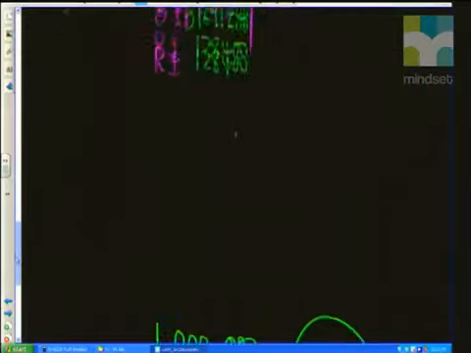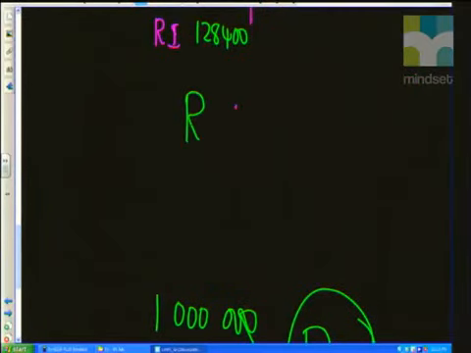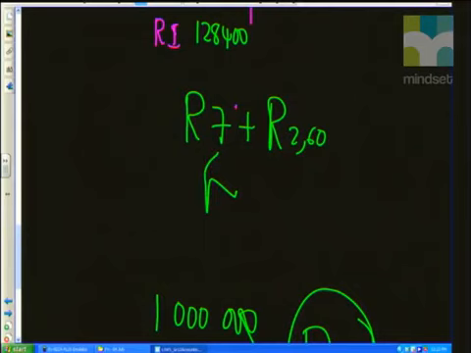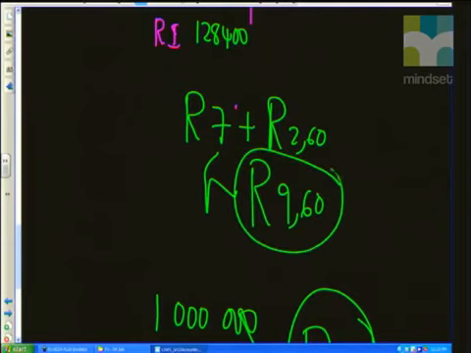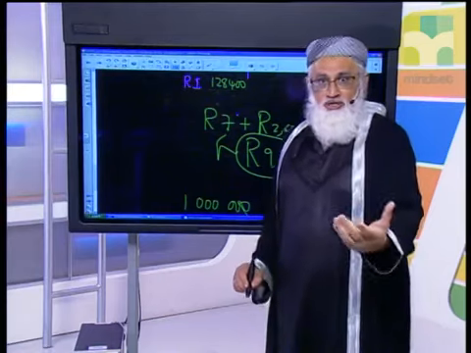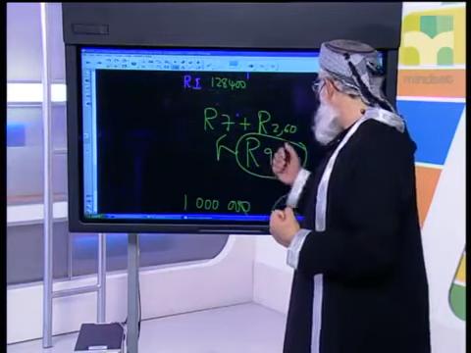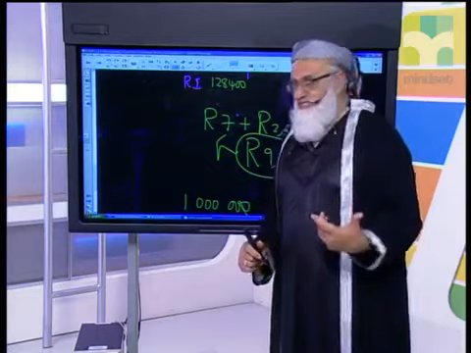All that I'm saying is the average price was 7 Rand plus 2 Rand and 60 cents above the average price will give me the purchase price of those shares, which is 9 Rand and 60 cents. So what did we buy it back at? We bought it back at 9 Rand and 60 cents.